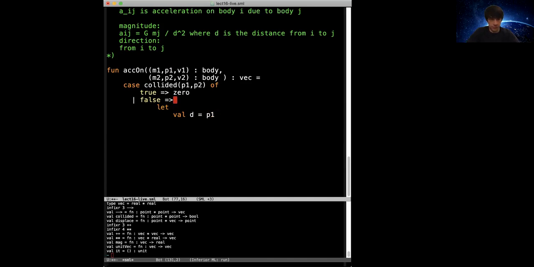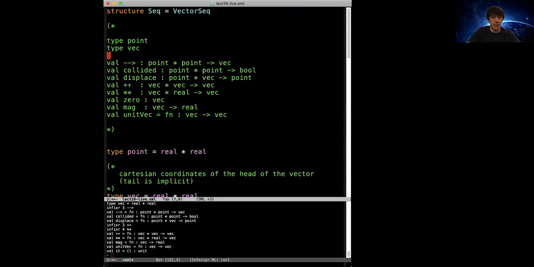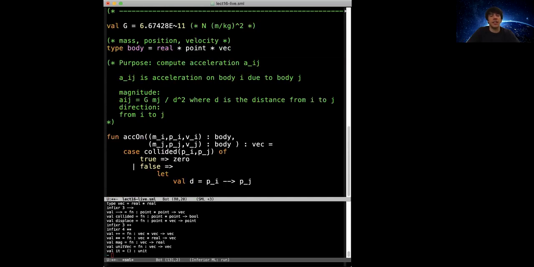Let me change my notation so that it matches the math a little better. Remember we have this operation of dash dash greater than from our vector library, which was the vector between two points. And so we can use that to get the vector from i to j.